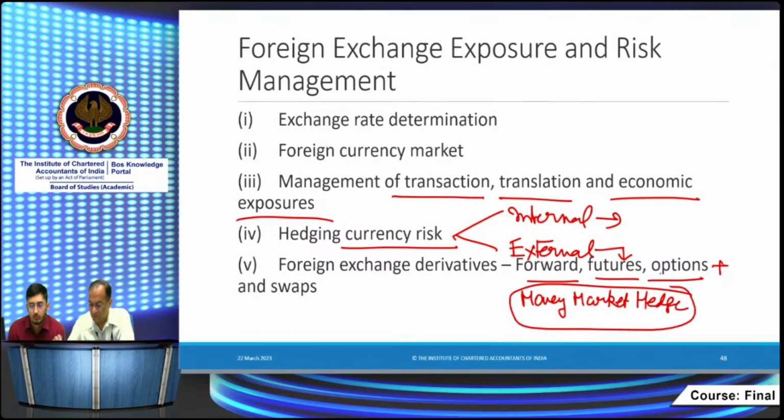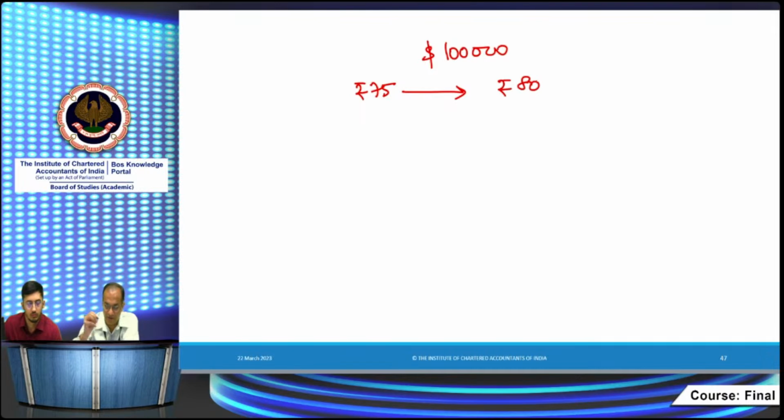In this, how do you plan it? Say after 1 year, 3 months, you have to make a payment of 1 lakh dollars. Today the dollar is, say, rupees 75, but your apprehension is that it can become more rupees per dollar. So what you do is go for the US market. You see that the rate of interest there is 2%, whereas the borrowing rate in India is 8%.